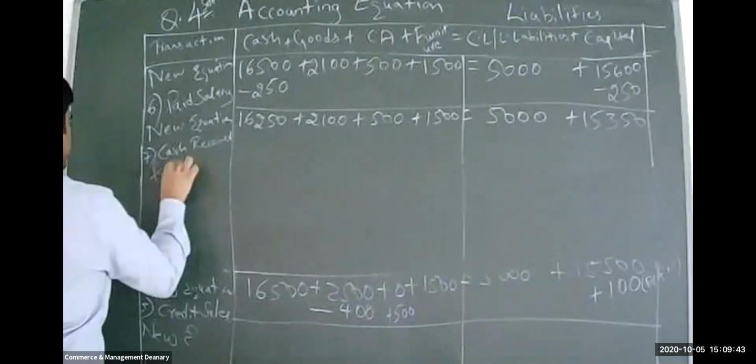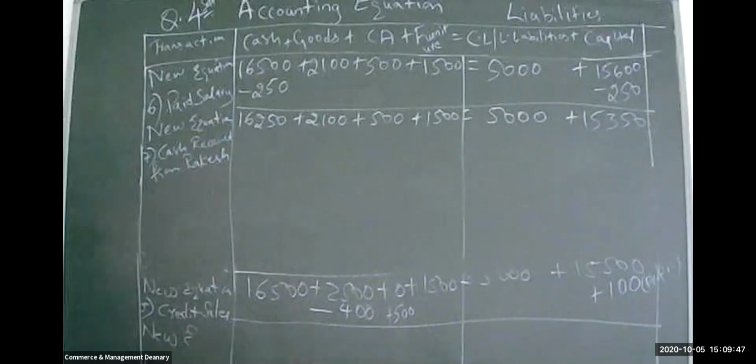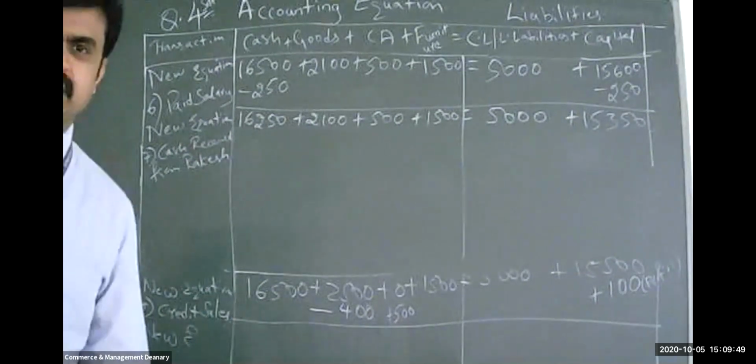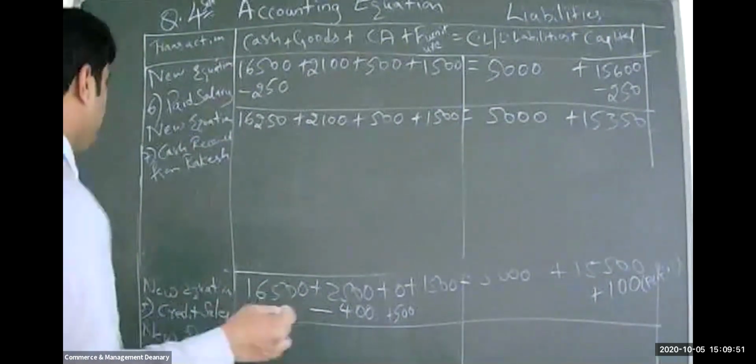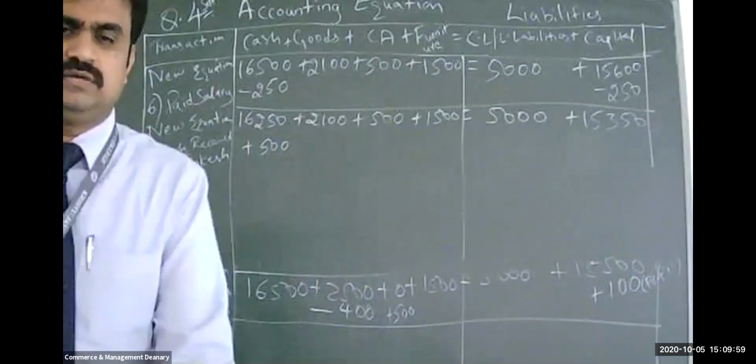Okay, from Rakesh. So what is coming in now? Cash is coming in. So in the cash column, how much? Plus 500, because cash is coming in. Who is giving? Rakesh. Who is Rakesh? Debtor. So what do I have to do now?